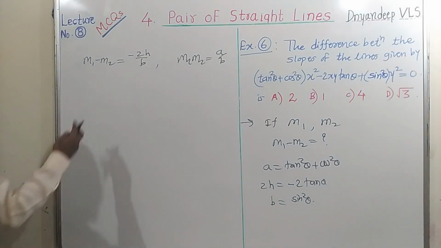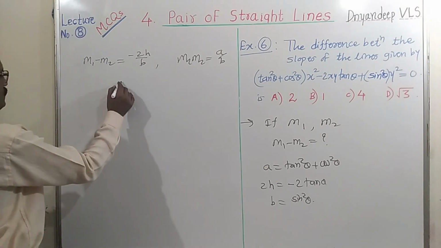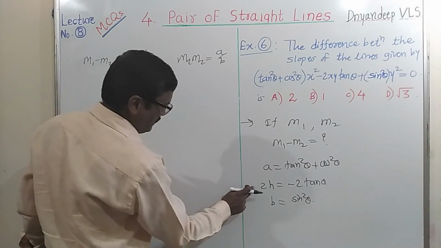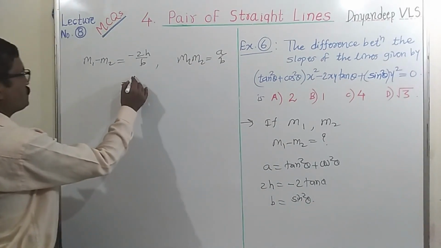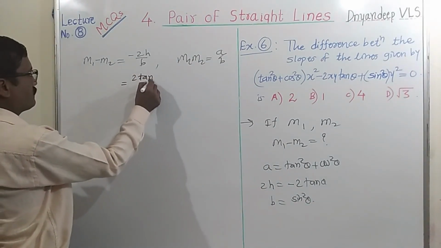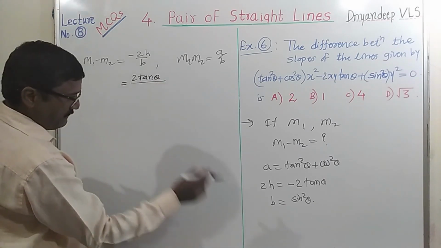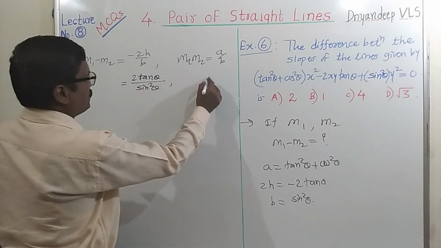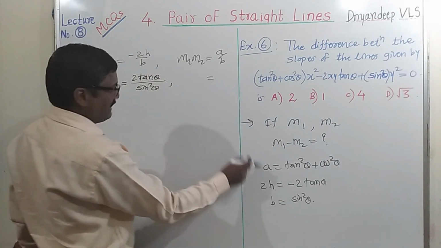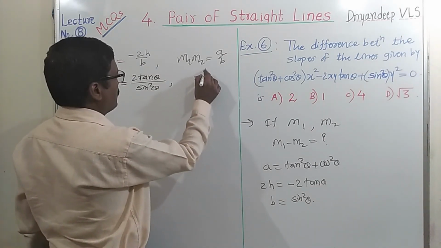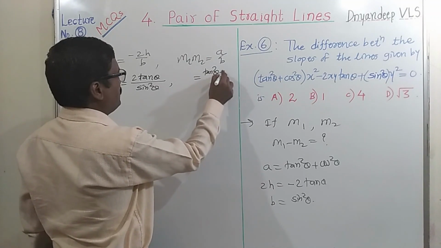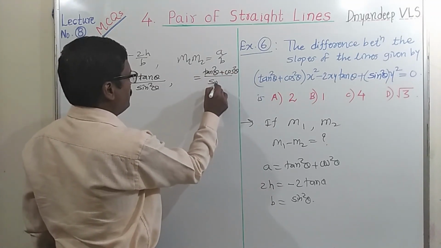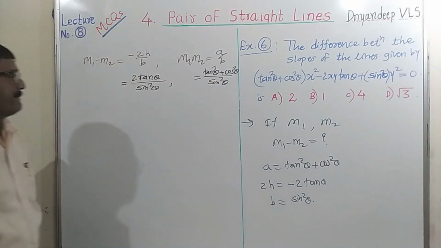So we get here m1 minus m2 is equal to minus 2h, that is applying the negative sign here, we get this as positive, that is 2 tan theta upon b. b is nothing but sin^2 theta. And m1 m2 is equal to a/b. a is tan^2 theta plus cos^2 theta upon b is sin^2 theta.